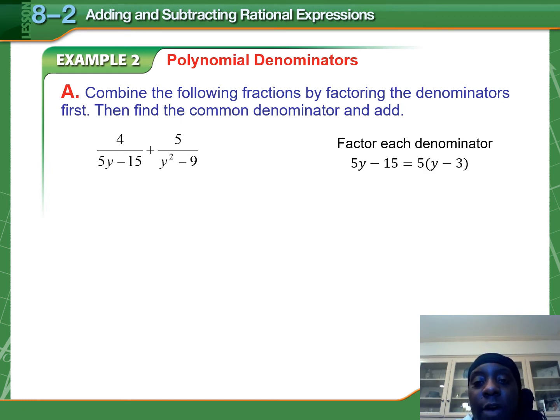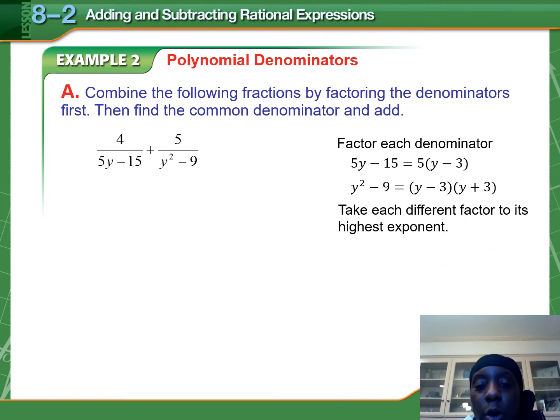That's pretty easy. 5y minus 15. Well, 5 is in both terms. So 5 times y gives me my 5y back, and 5 times 3 would give me my 15 back. Now the other one, difference of squares, always recognize difference of squares. So y squared minus 9 equals y minus 3 and y plus 3. All right, so here we have to take each different factor to its highest exponent.